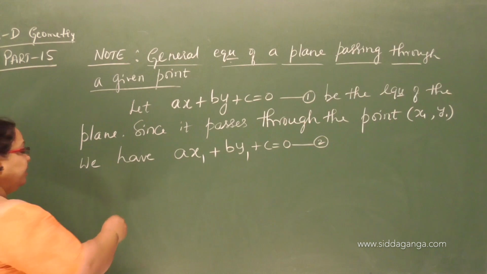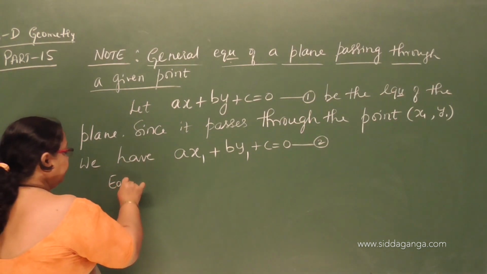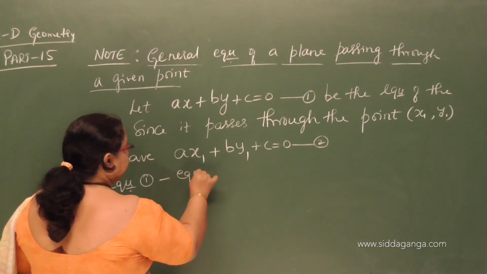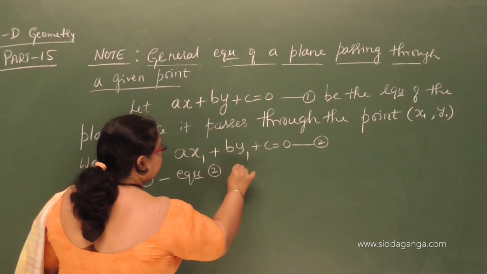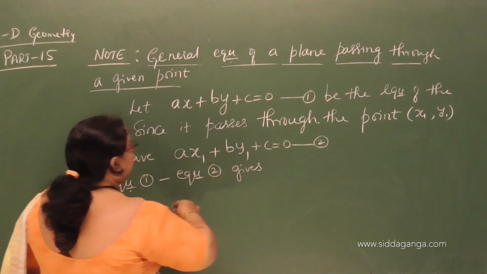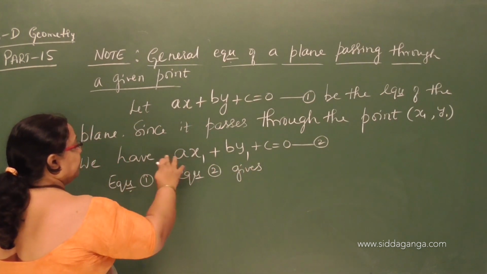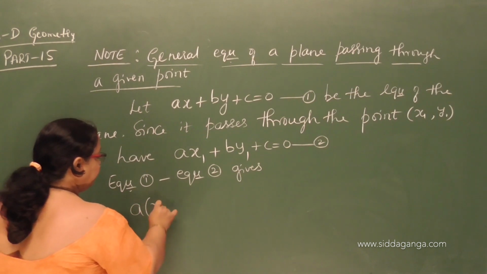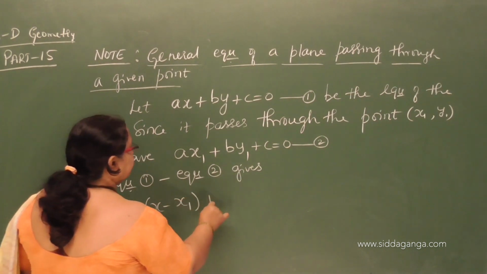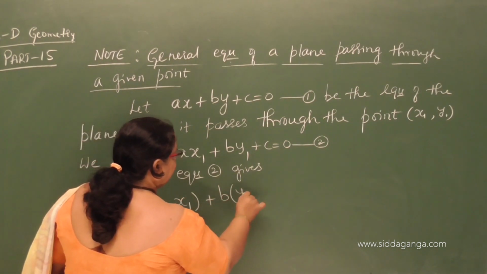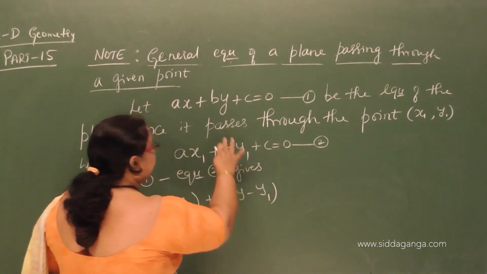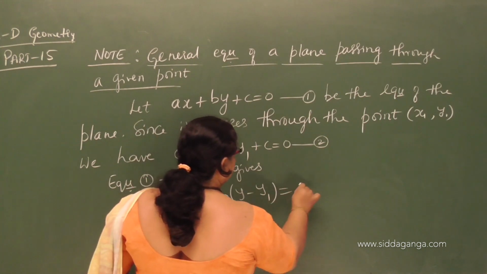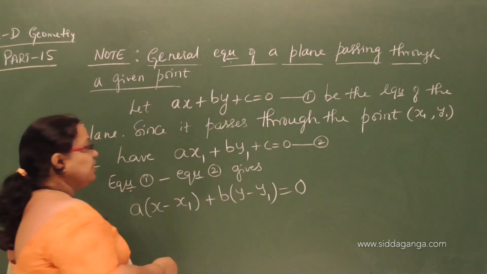Now you take equation 1 minus equation 2, subtracting these. We get a into x minus x1 plus b into y minus y1, take b common, plus c minus c cancels, equal to 0.